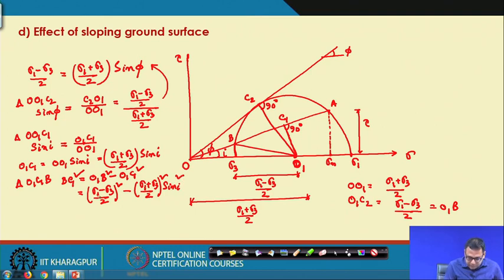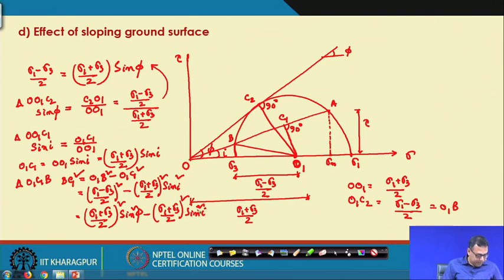Okay. Now, sigma 1 minus sigma 3 divided by 2 is sigma 1 plus sigma 3 divided by 2 sin phi. So, I am replacing this. So, I am writing here sigma 1 plus sigma 3 divided by 2 whole square sin square phi minus sigma 1 plus sigma 3 divided by 2 whole square sin square I. Okay.